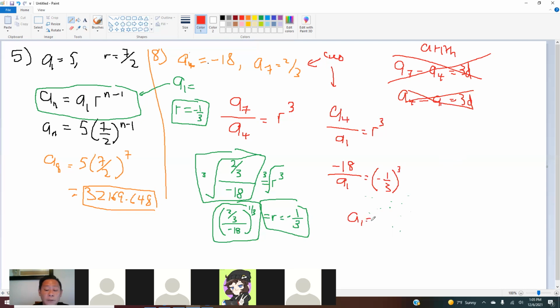Go ahead, solve for A1 for me here. Question, what did you get? I got 486.